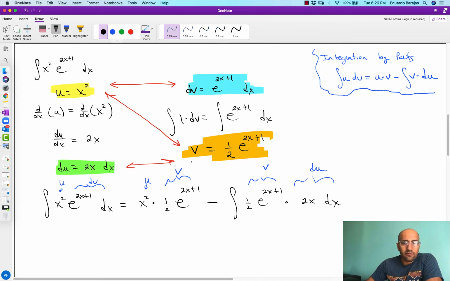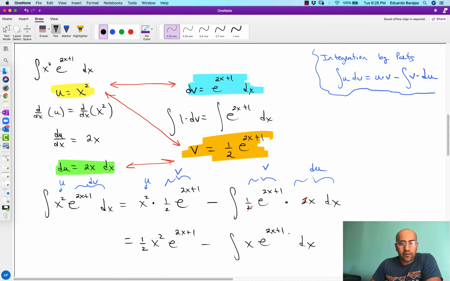Okay, let's try and simplify this a little bit. We see that this 1/2 and this 2 simplify. And so I end up with, just rewriting the order of this, 1/2 x squared e to the 2x plus 1 minus the integral of, and I'll switch those two around a little bit, x e to the 2x plus 1 dx.